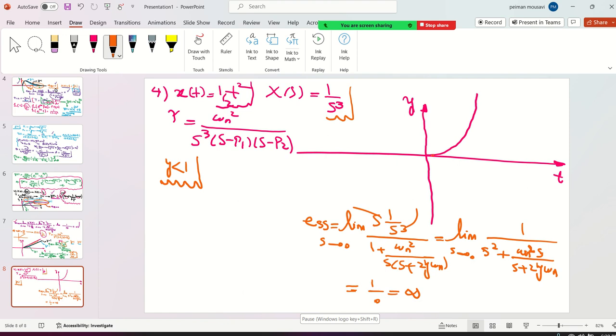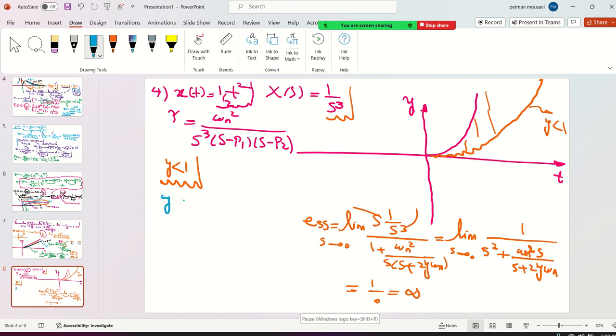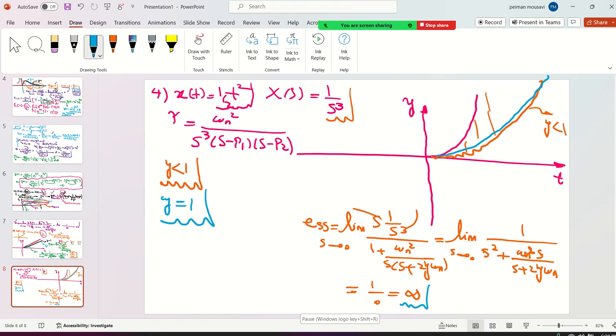So when you have this underdamped system, you have oscillation, and then it increases. See, the error signal is increasing with time. So this is for the underdamped system. When zeta is critically damped, it doesn't change. Again, it's going to be infinity because the input is the same and the system is the same. But you have no transient oscillation, so it's going to be this, a straight line.